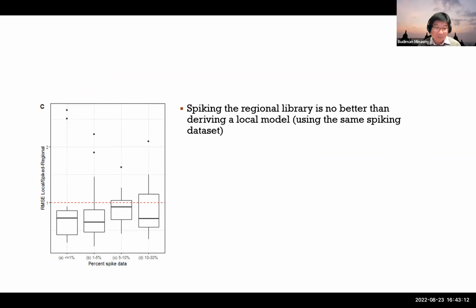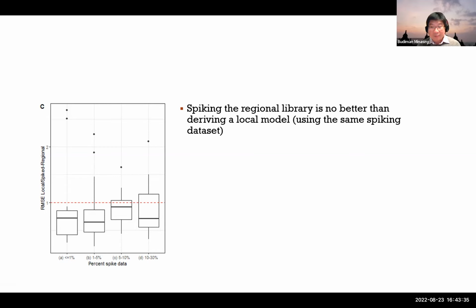But when we compare it with making the model just from the local data, the data that you tend to spike, it's actually no better than the spiked regional library.